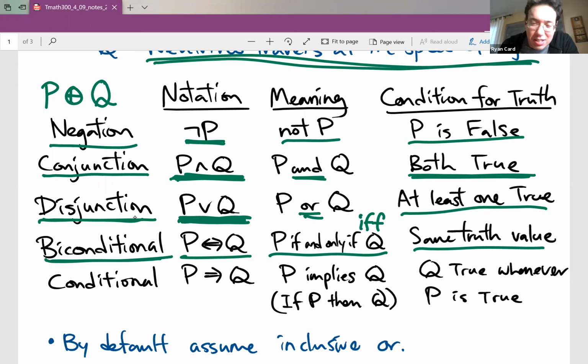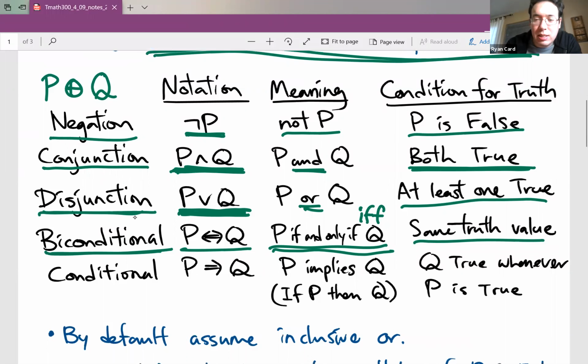So that sounds like you're just saying if with one F, which has a completely different meaning in logic. So when you're writing it, it's fine. But when you're saying it out loud, probably you should say if and only if to be clear about what you mean. That's biconditional.